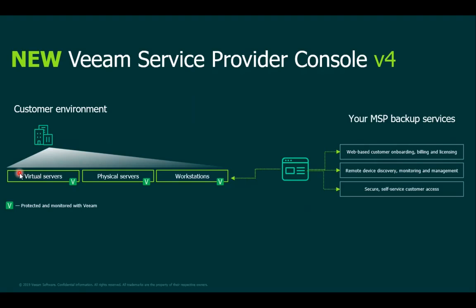This customer environment can be virtual servers, or it can be physical servers or workstations. Now, being a managed service provider, what you get from Veeam Service Provider Console is one web-based customer onboarding, billing, and licensing portal. I'll explain this in my coming slides. What exactly does it mean?